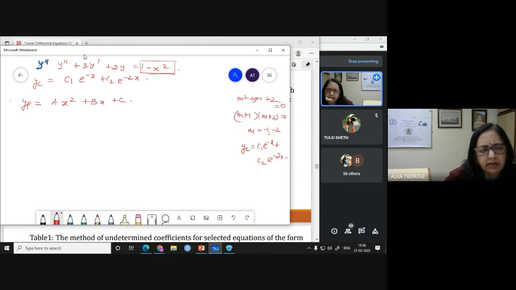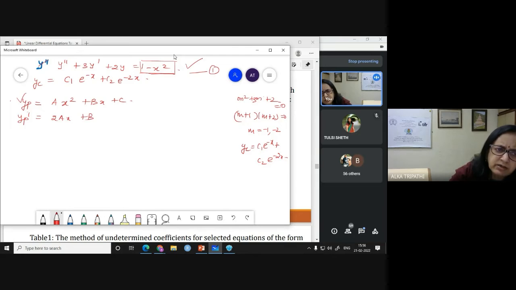Since we are assuming that this satisfies equation 1, let us differentiate yp and substitute. The derivative will be yp dash equal to 2ax plus b, yp double dash is equal to 2a.